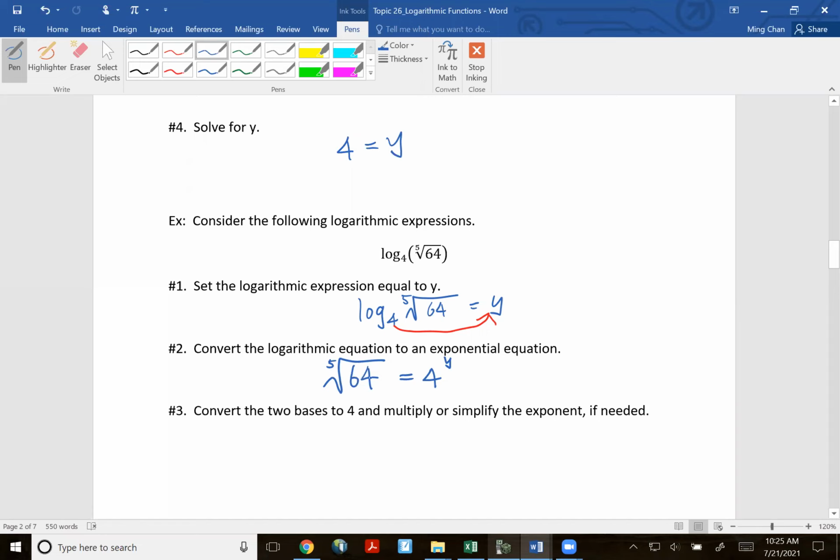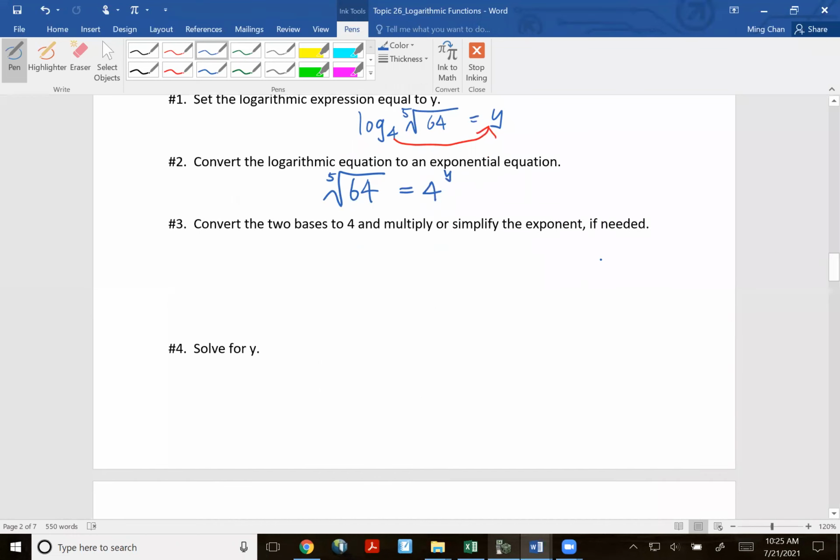All right, I need to convert the two bases into a 4. 64 itself is 4 to the 3rd power. But this 64 has a fifth root, a radical on the outside of it.